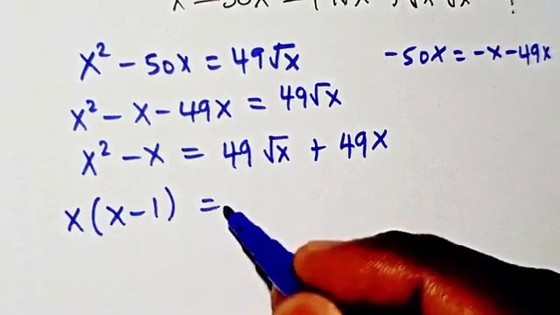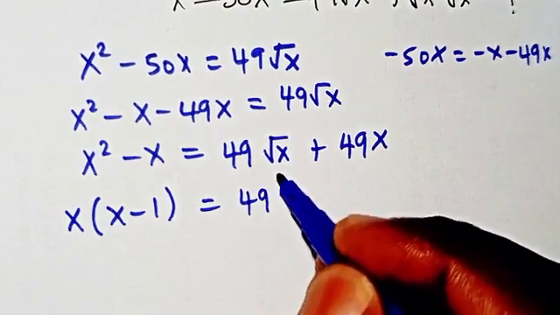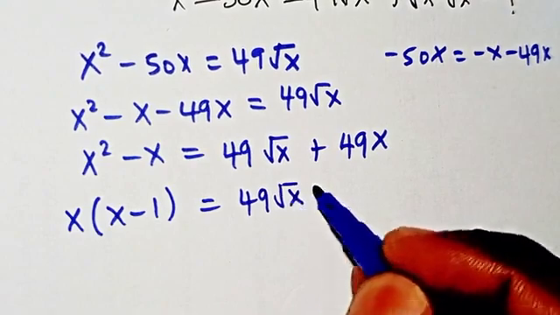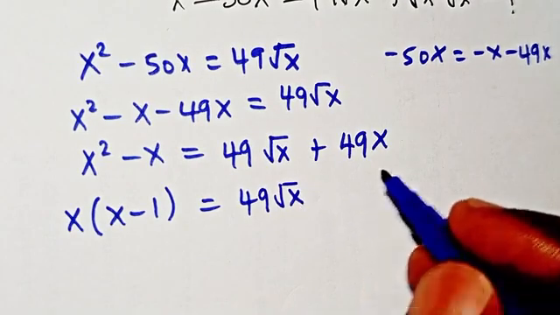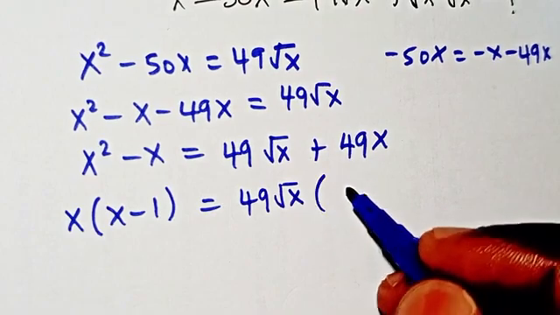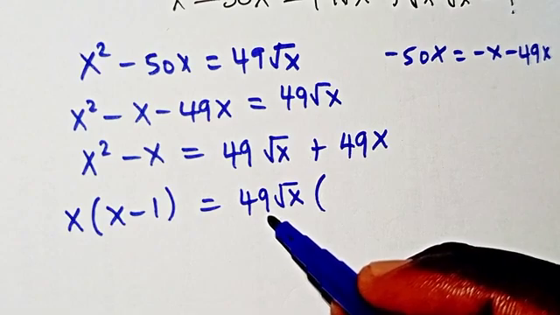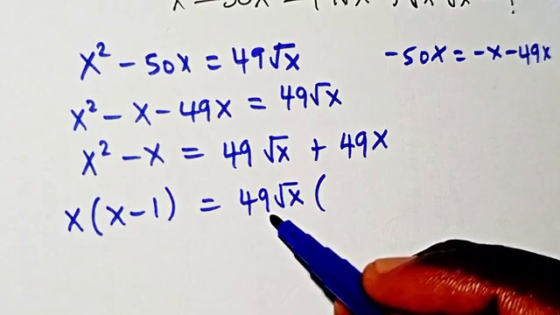So we have that, then equals, I'm going to factorize 49 root x outside. And what am I going to have? So if I factorize 49 root x outside, we know that 49 root x divided by 49 root x gives 1. So what are we going to have?